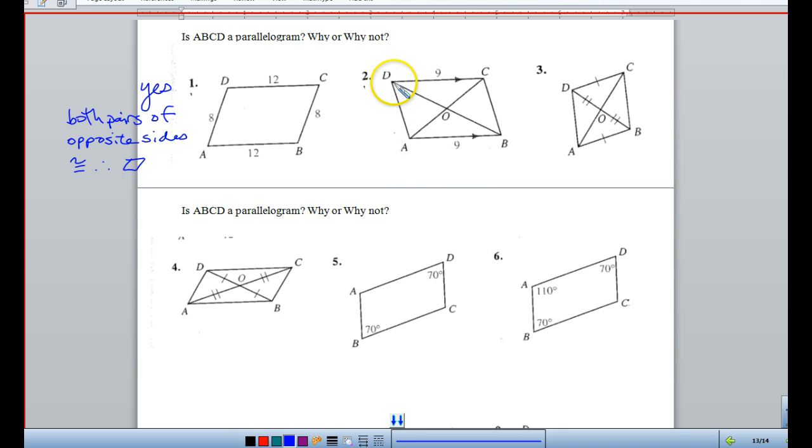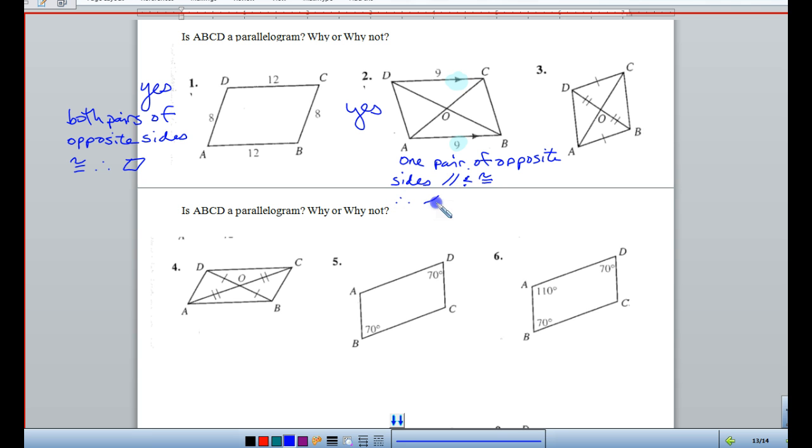Alright, let's take a look at number 2. I've got a pair of opposite sides that are congruent and they also happen to be parallel. So, since they are congruent and parallel, we say yes. One pair of opposite sides are parallel and congruent.